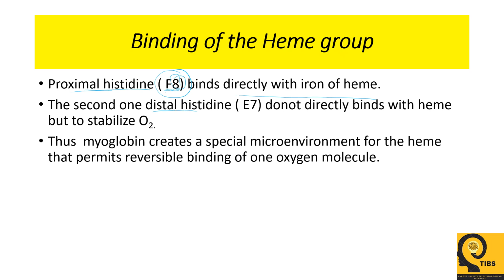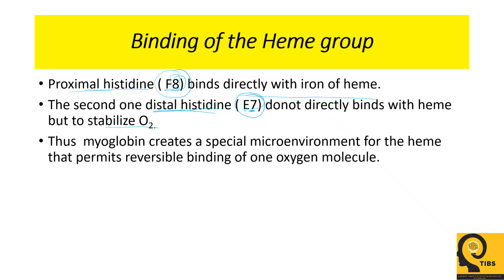The other one is the distal histidine. It is present in the E stretch, it is the seventh amino acid in the E stretch, and its function is to stabilize the oxygen. Myoglobin creates a special environment for the heme that permits reversible binding of one oxygen molecule.